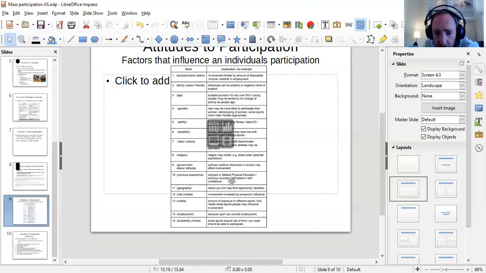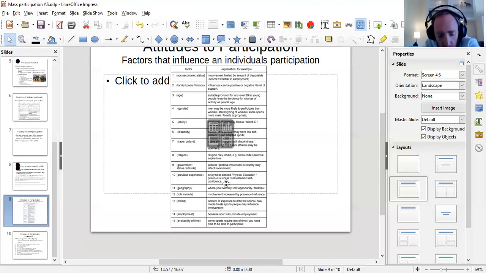Previous experience, and this is a big one from the older generation, is whether they enjoyed or disliked physical education. If you have a positive experience of physical education in school, you enjoyed it, you had good teachers, you had good experiences of the activities you did, you are going to have a positive opinion of sport as an adult, and that's likely to increase your desire to participate.